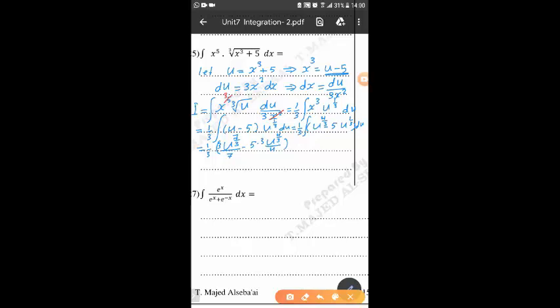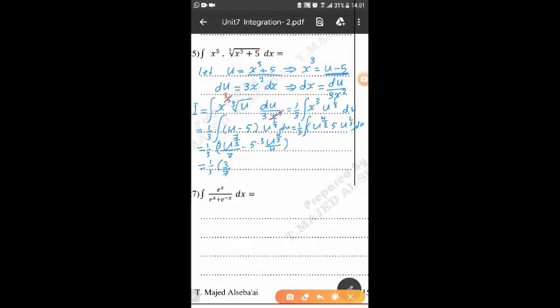What can I do now? I need to simplify. It will be 1/3 bracket 3/7. Instead of u, I write x3 plus 5.